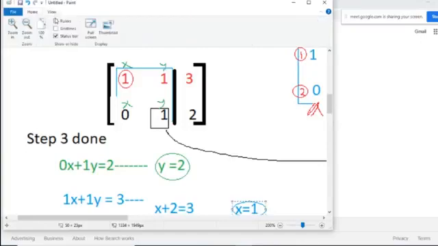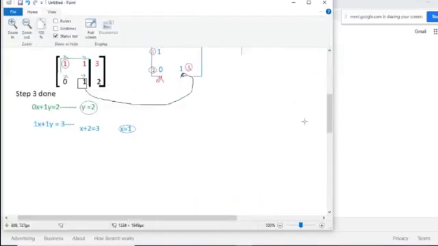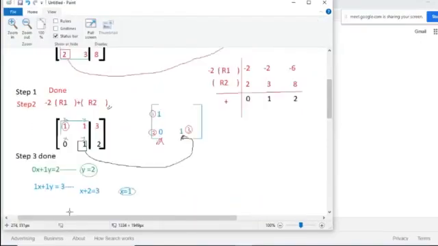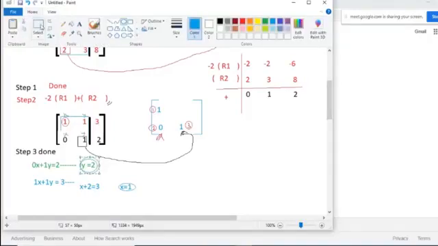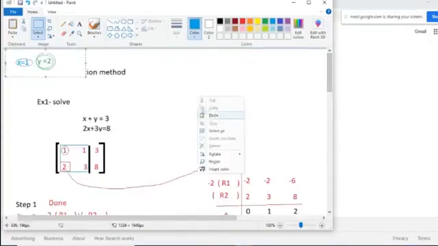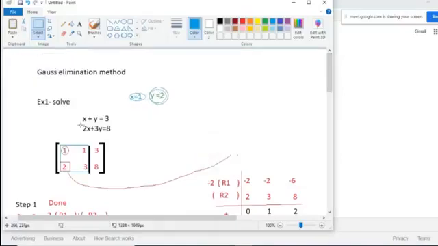How do you check whether your overall solution is correct? You can check by calculator, or you can take these values, y equals 2 and x equals 1. Take both of them with you and substitute inside any of those equations, the first one or the second one, whatever you like.